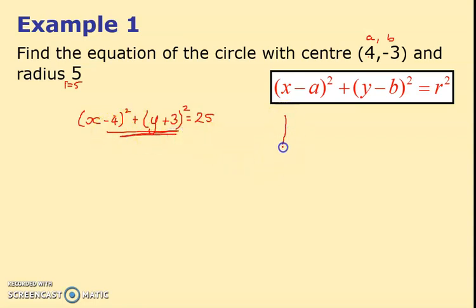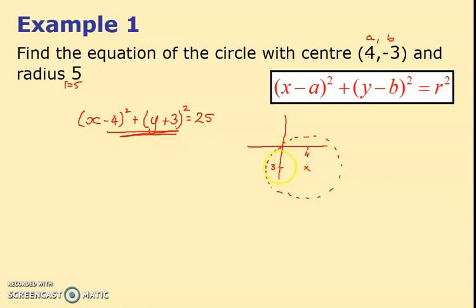If you drew this, what would it look like? It's got the centre at 4, 3. So 4 across, 3 down, there. And it's got a radius of 5. Now, I actually know that this is a rare case. This goes through the origin if you drew this accurately. And I know this because that's actually a Pythagorean triple.